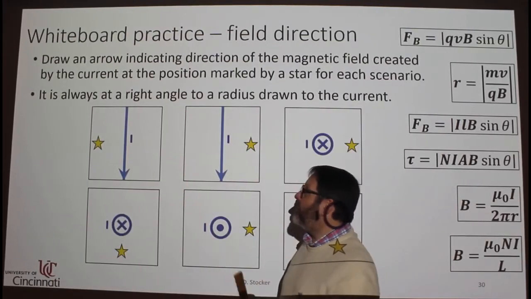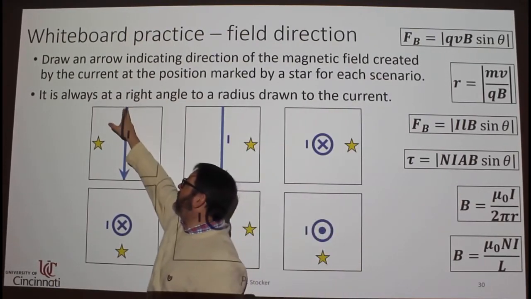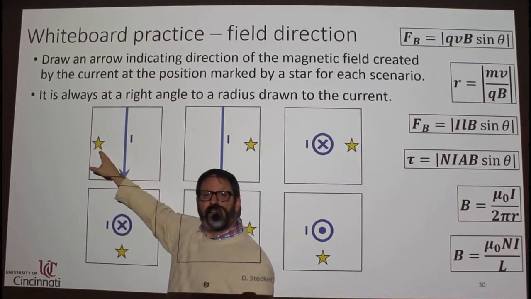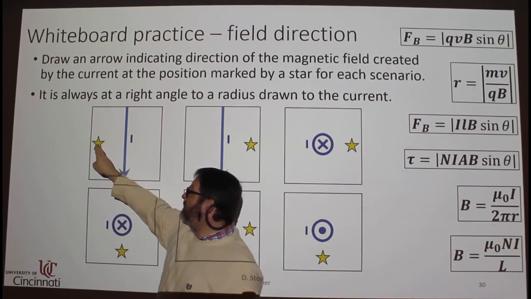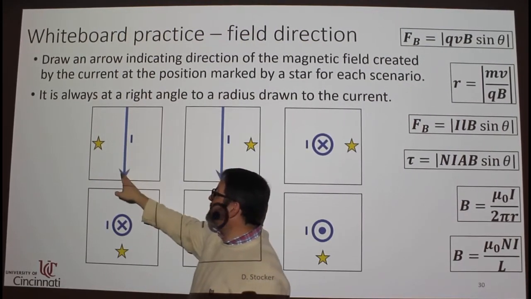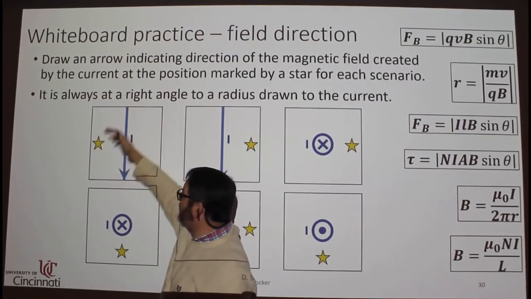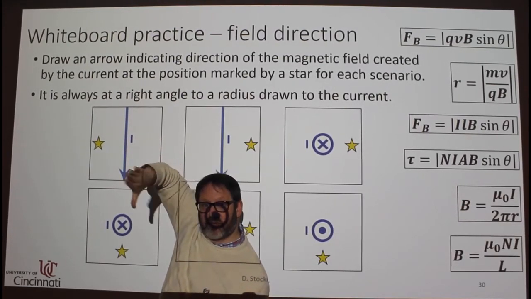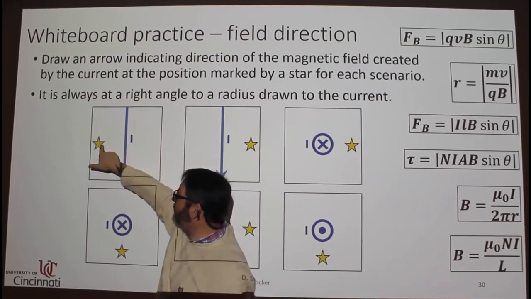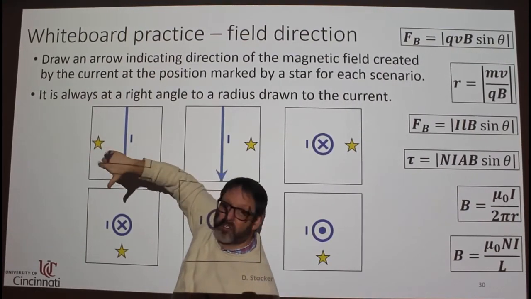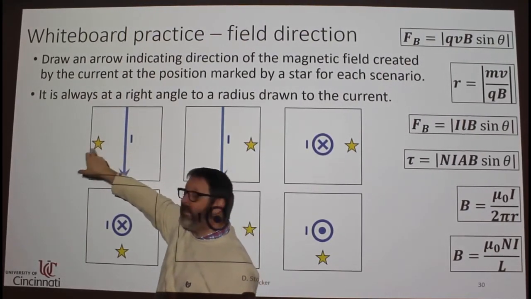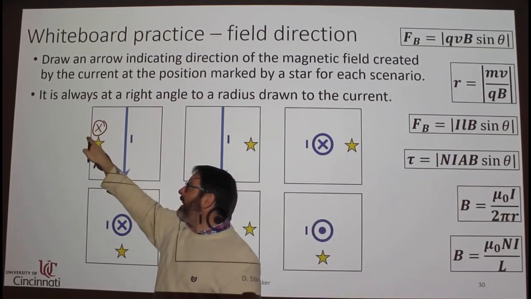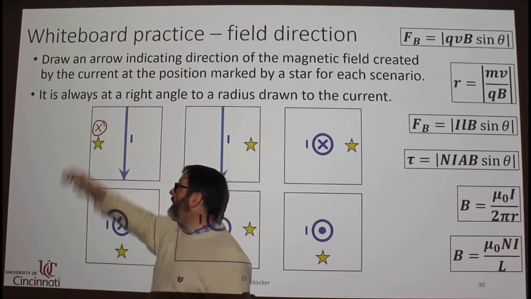For example, if we have a current that's going downward, then at this position where I've drawn the star, the direction of the magnetic field created by this current at that location is, put my thumb in the direction of the current, curl my fingers around, and when they are on this side, my fingers curl into the board. So at that position, I can draw an arrow into the board. At this star, it's going in.